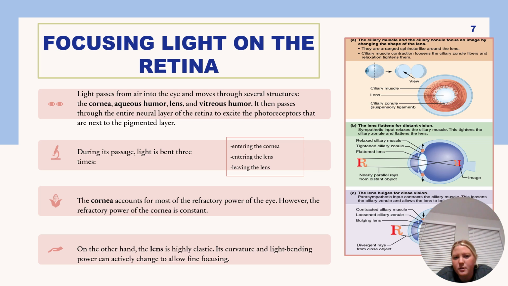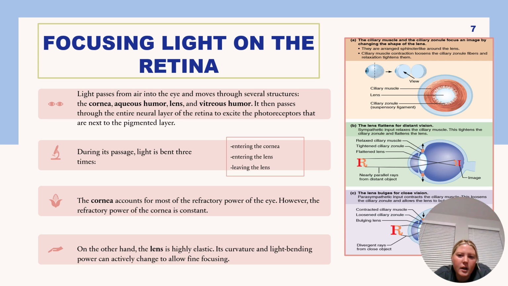The cornea accounts for most of the refractive power of the eye. However, the refractive power of the cornea is constant. On the other hand, the lens is highly elastic. Its curvature and light bending power can actively change to allow fine focusing. For distant vision, light from an object at or beyond the far point of vision approaches the eye as parallel rays, and the cornea and the resting lens focus the light from distant objects precisely on the retina.